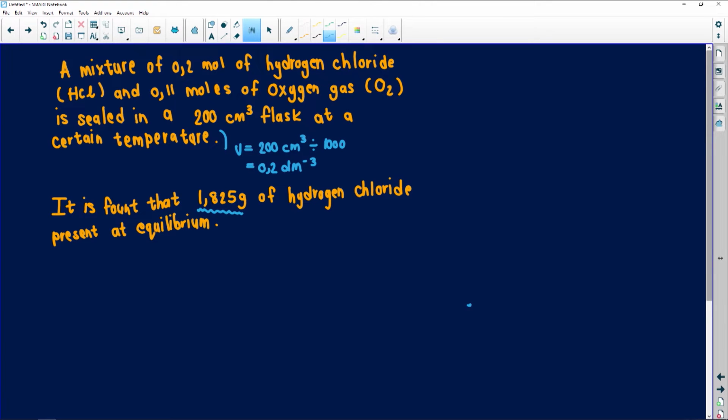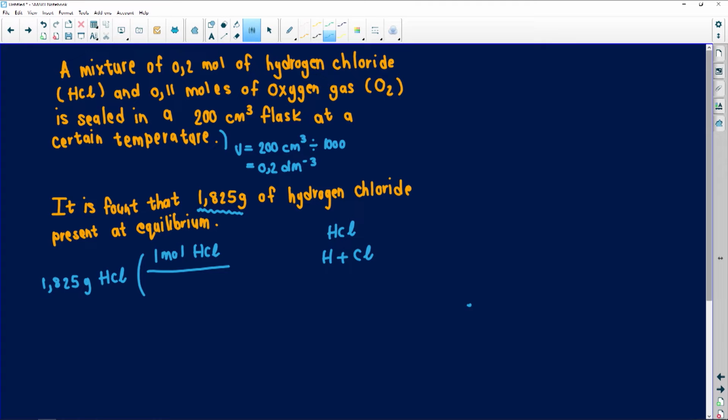The first one, you can say 1.825 grams of HCl. Now, you tell yourself this is what we learned in grade 10. 1 mole of HCl is equivalent to how many grams of HCl? I'm going to work it out this side. HCl is a hydrogen bonded to a chlorine.